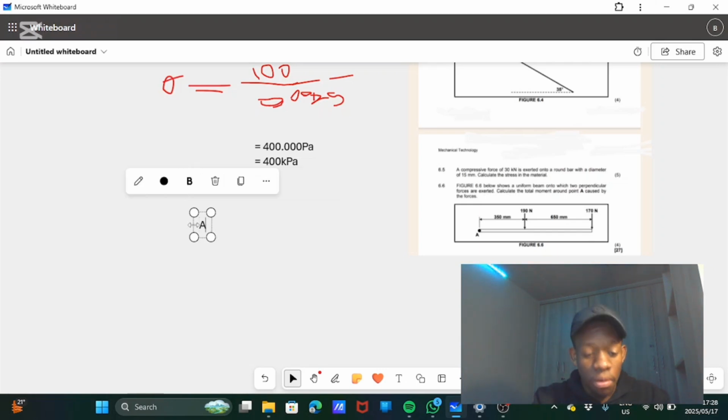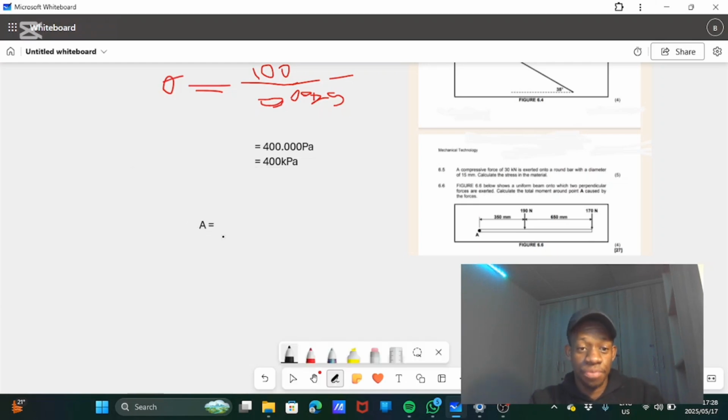Now when you calculate the area, it's going to be pi times the radius squared. So this is how you calculate your area.